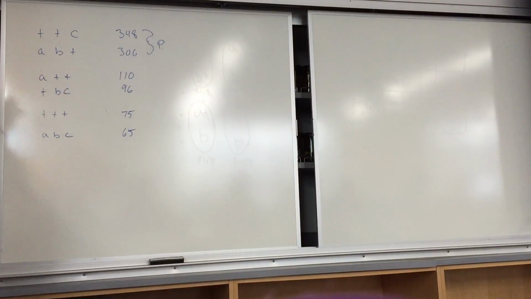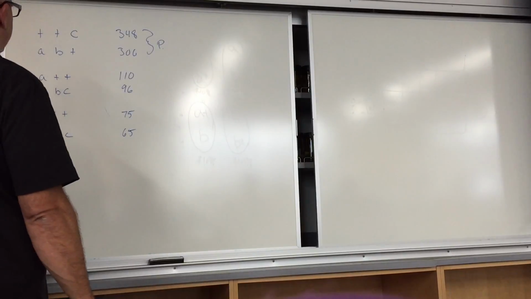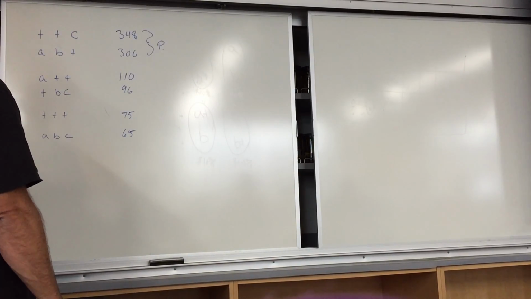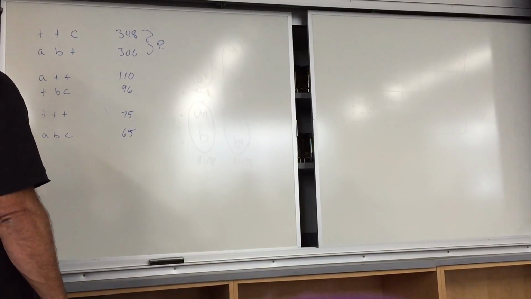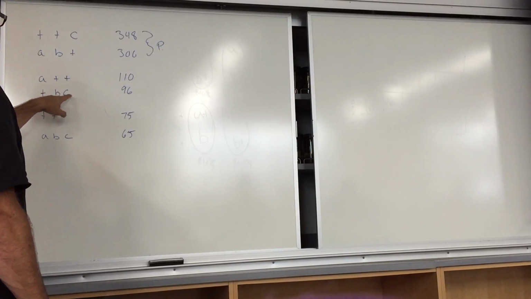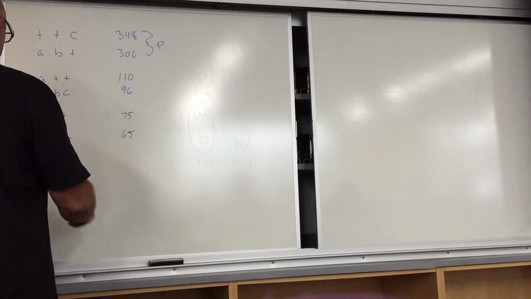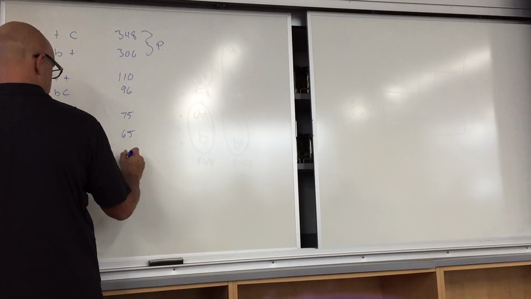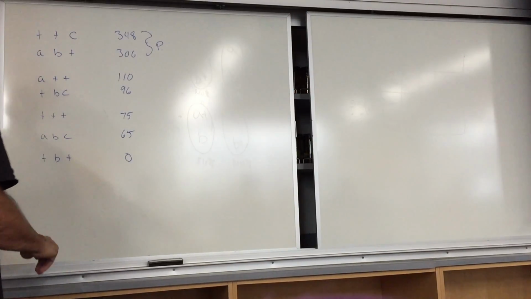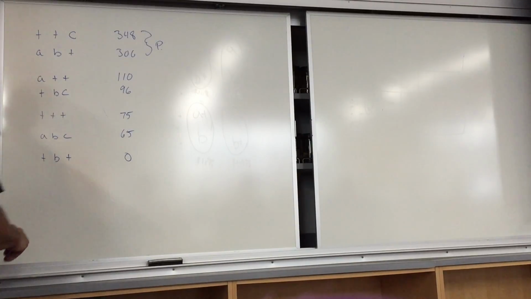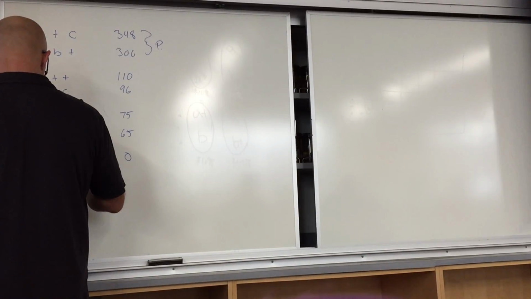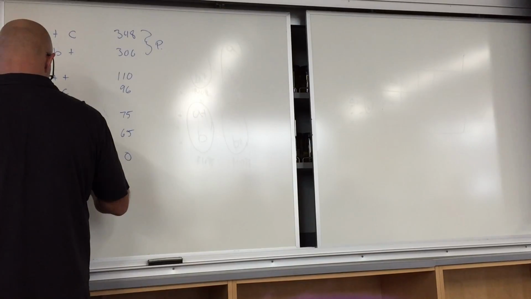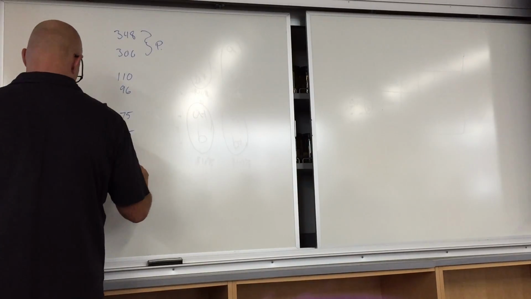But okay, so here, which one is missing? Do you see a plus B plus anywhere? Okay, so plus B plus we'll say is 0, right? So plus B plus is 0, and then A plus C is 0.